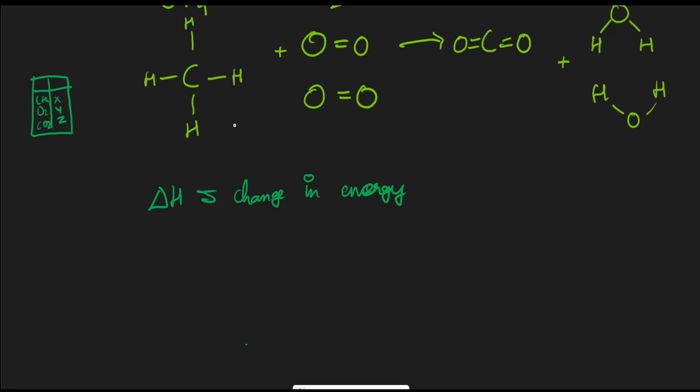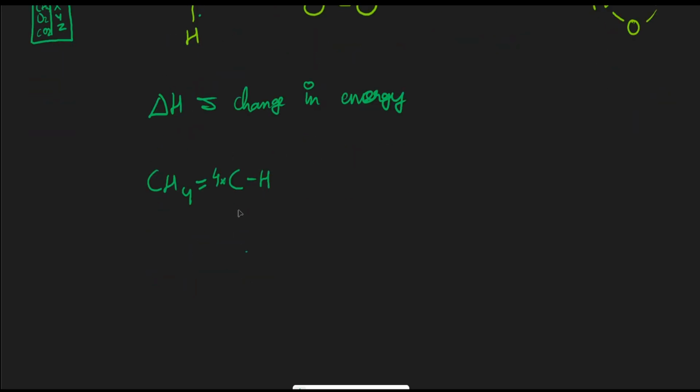So let's look at methane, right? CH4. In methane, we have 1, 2, 3, 4 CH bonds. That's 4 into CH bonds. Now, a CH bond typically requires 435 kilojoules per mole, right?